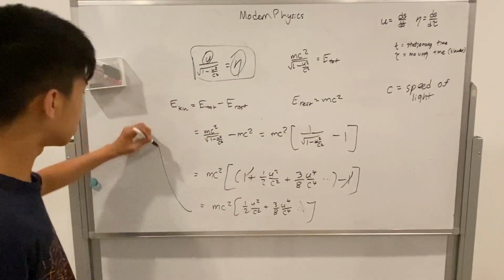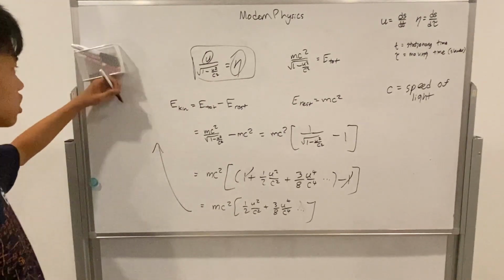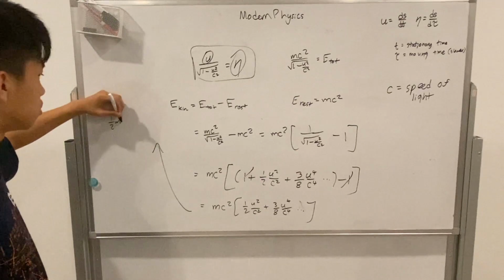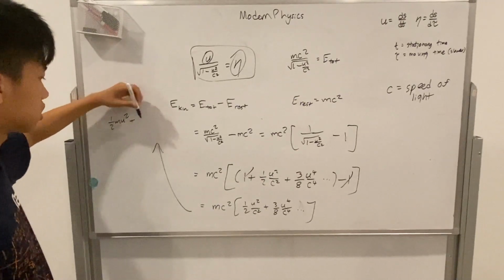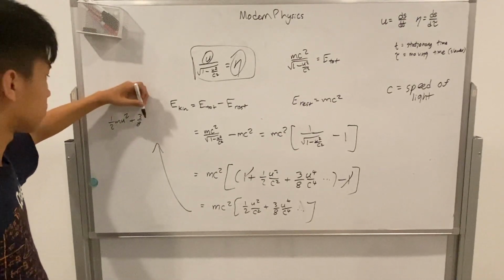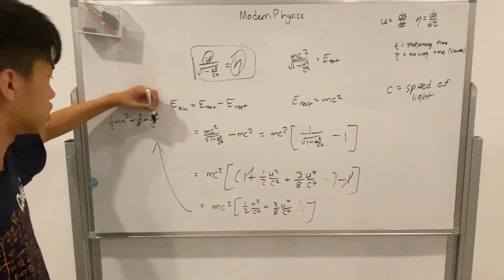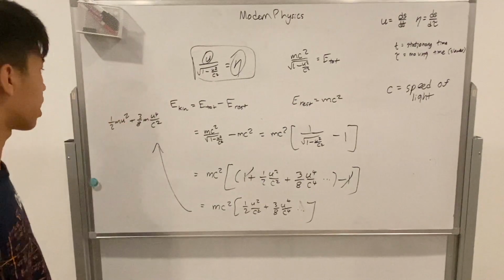And this, my friends, becomes 1/2 mu squared plus 3/8 u to the 4th over c to the 2nd power.